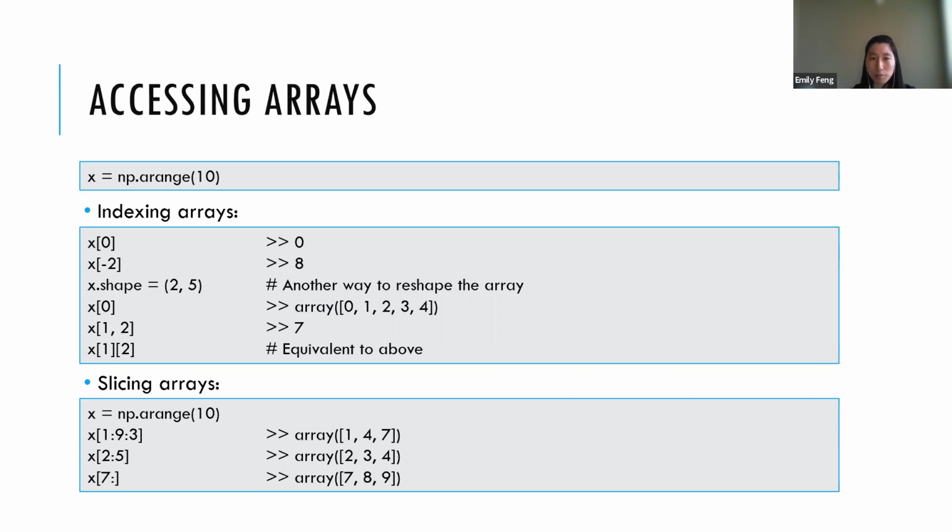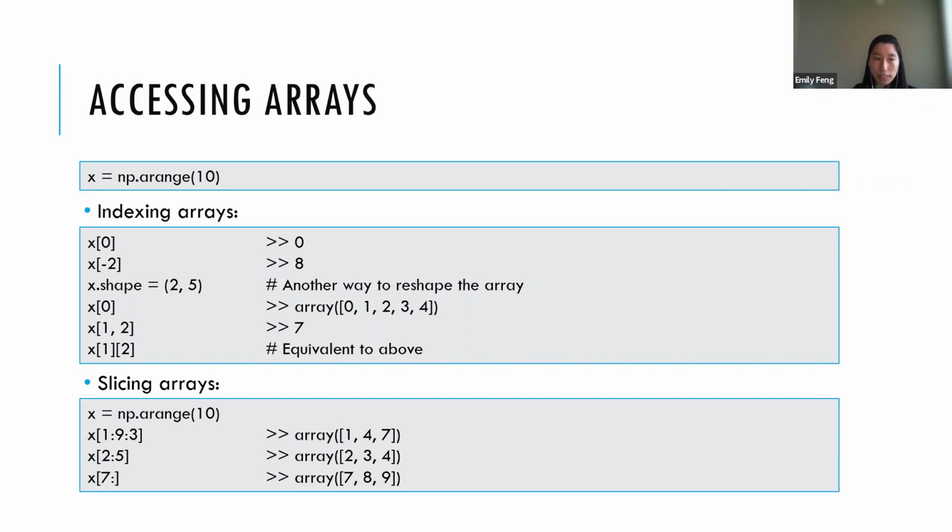It will just count from the end. So X of -2 will come from the end. The last element in the array is 9, and that's -1, and then 8 would be -2. It's probably better if you visualize the array as this strip, and then just count from one end or the other.